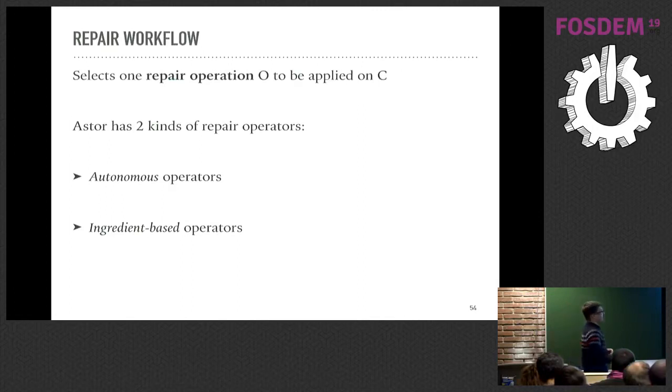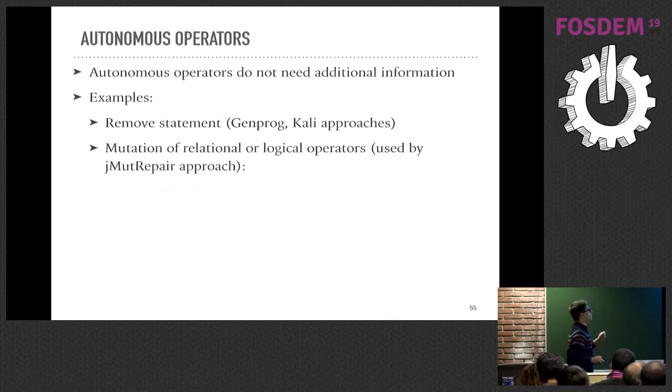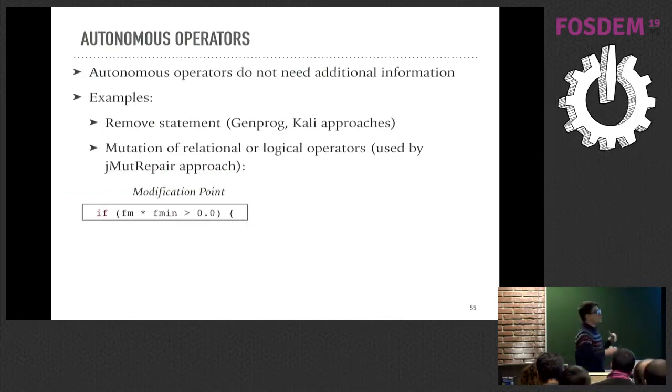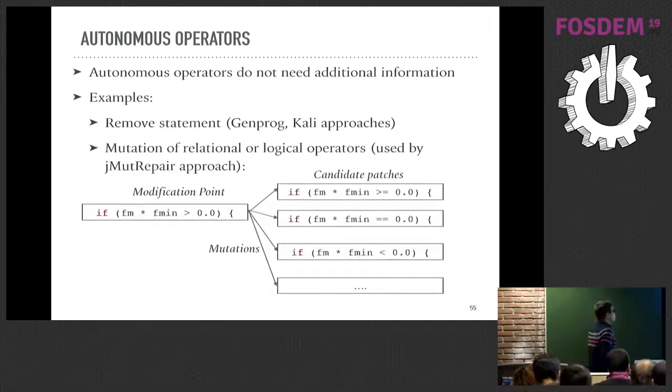One is what we call autonomous operators that are used, for instance, for chain mutation repair. There are operators that don't need any information, okay? Imagine this if. We can apply a mutation in this operator, in the operator greater, and we have here different candidates.